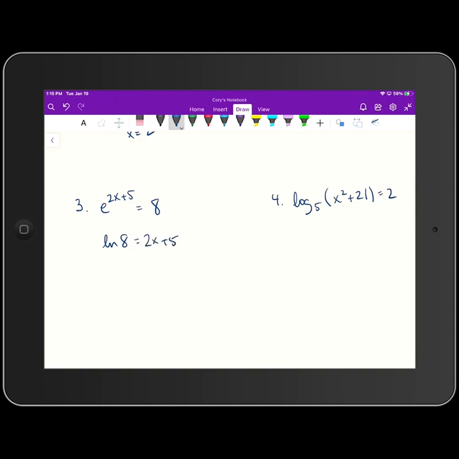So when we rewrite that exponential equation in log form, it actually puts it into a form where we can solve. I can isolate x by subtracting 5, so we get the natural log of 8 minus 5, and then dividing both sides by 2, we get x equal to the natural log of 8 minus 5 all over 2.